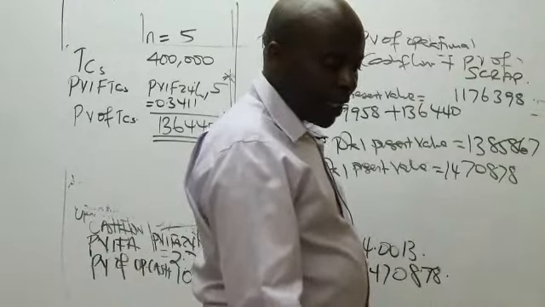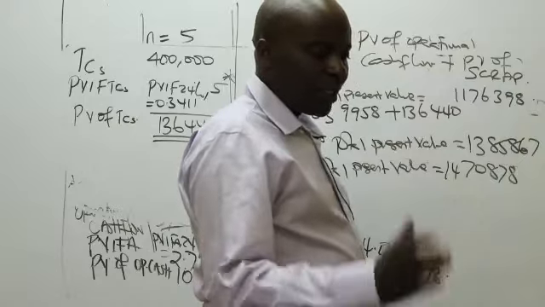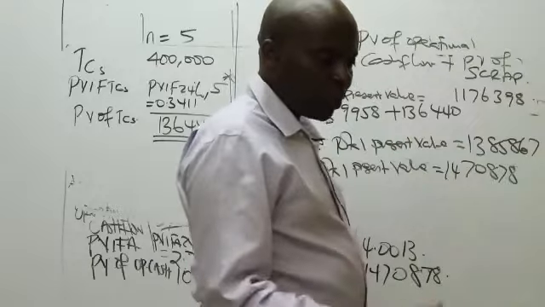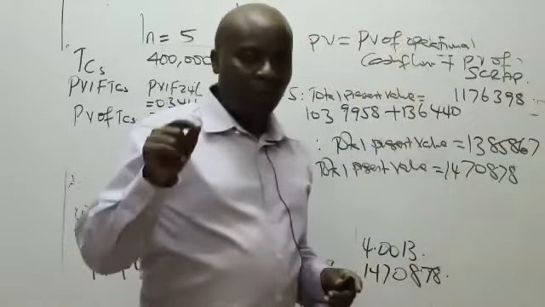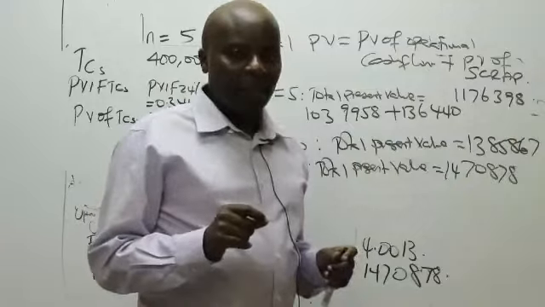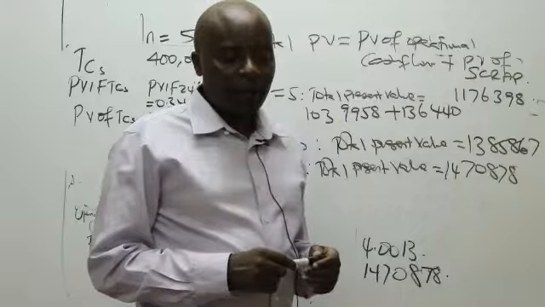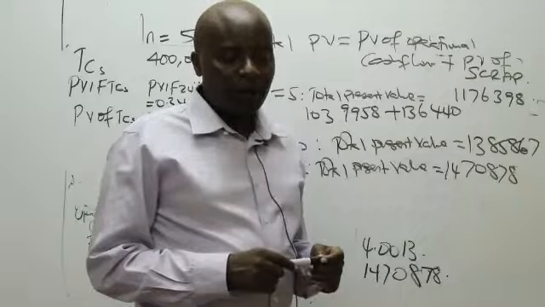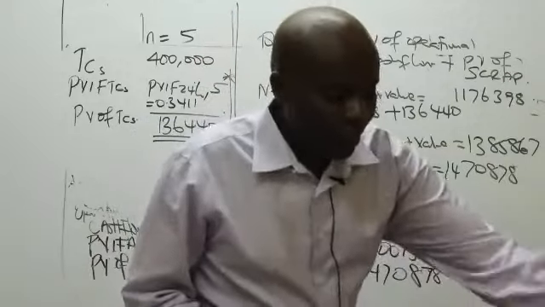How many types of cash flows do we have? We have operational cash flows, coming out of our revenues. And then we have, of course, the terminal cash flows and the initial outlay cash flows. All right.